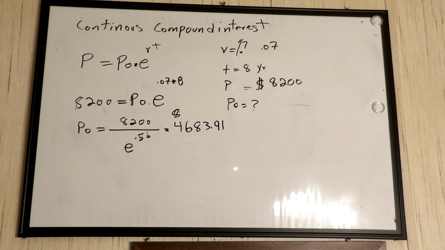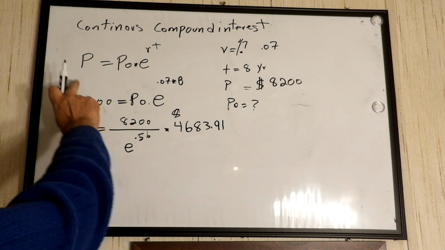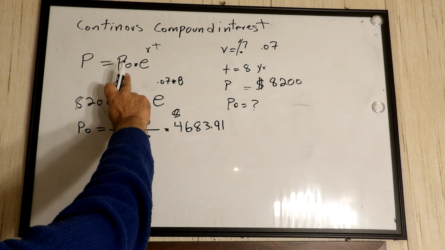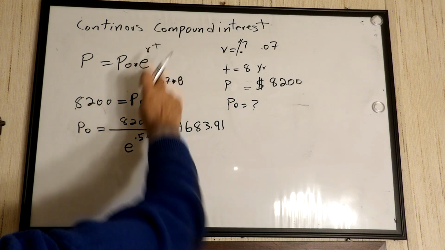So this is a way to find out this kind of problem, where you are going to have some money in the future. How much money do you have to invest, given the interest rate and the time.